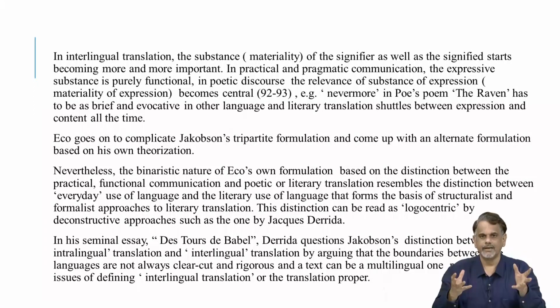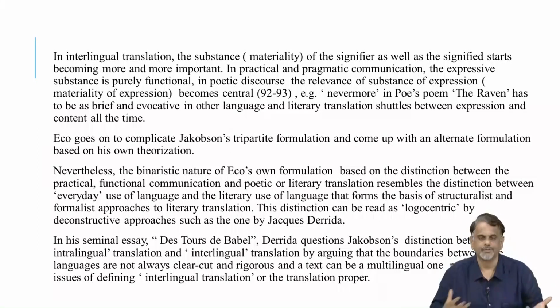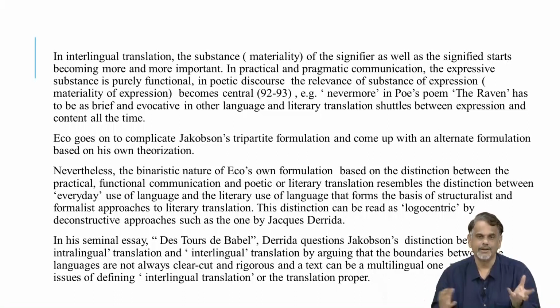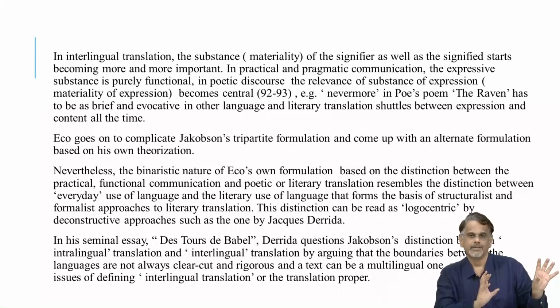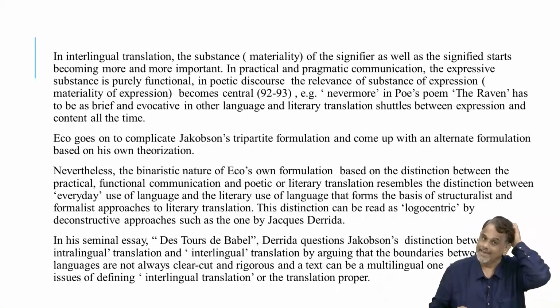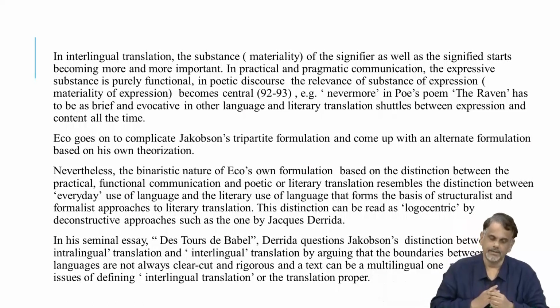For example, Gujarati may have a multiplicity of languages like Kathiawadi Gujarati, South Gujarat Gujarati, Bhavnagari Gujarati, and so on and so forth, boliyan as we say. So, one Gujarati itself is made up of multiple Gujaratis. So, a text is itself a multilingual construct even if it is written in one language. So, when you translate, how do you then understand the question of equivalence or synonymy or interpretation and explication? So, Derrida is questioning this tripartite distinction made by Jakobson in his essay.